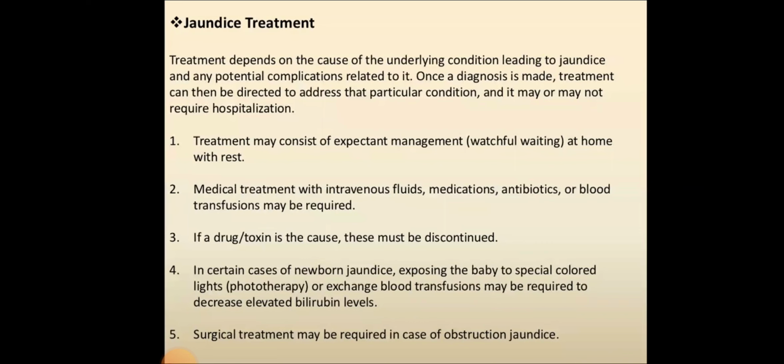Rapidly developing jaundice with preceding nausea and vomiting suggests infective hepatitis. Persistent, mild, fluctuating, and recurrent jaundice suggests hemolytic anemia, Gilbert's disease, and Wilson's disease. And the obstructive jaundice develops slowly. So the mode of onset is also very important.